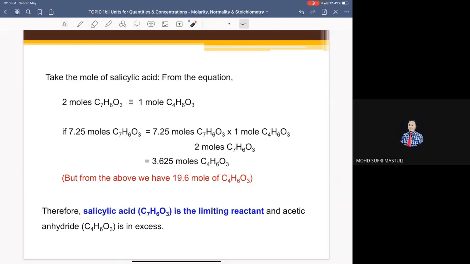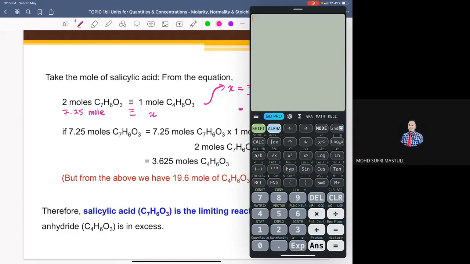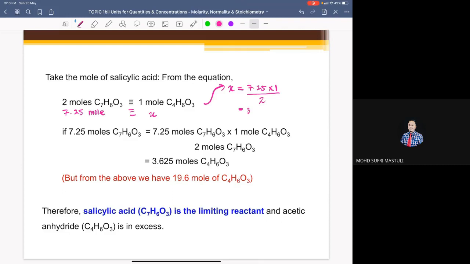You have to do it like this: 7.25 moles times 1 over 2 is 3.625 mole.